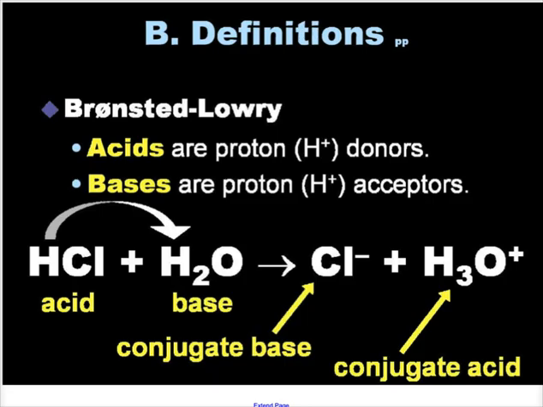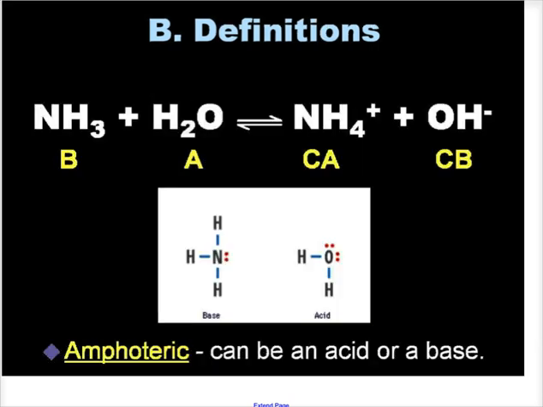Another example of water. Water in this case is serving as a proton acceptor, which means that it is a base. So water can serve as both proton donor and proton acceptor. Thus the term amphoteric, meaning that water has the properties of being both an acid and a base.